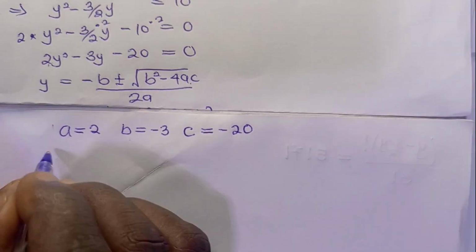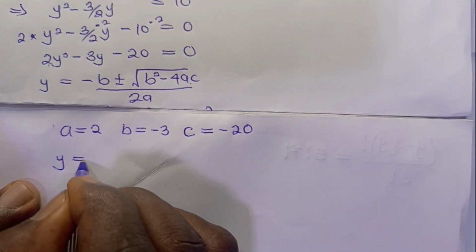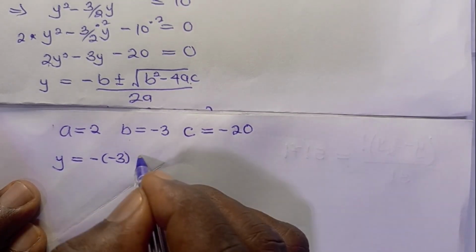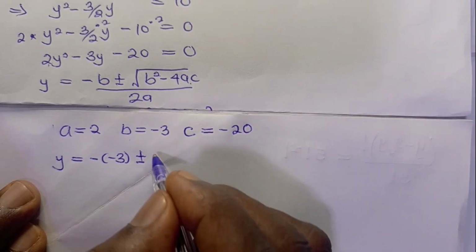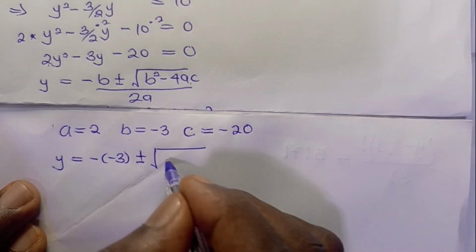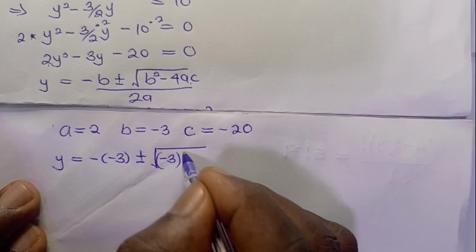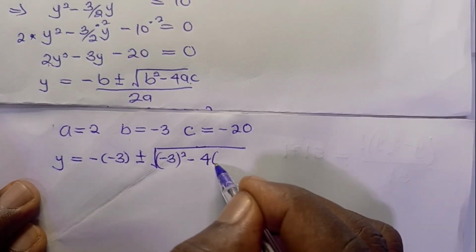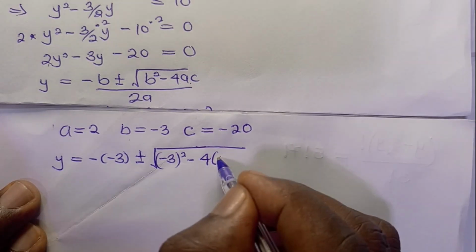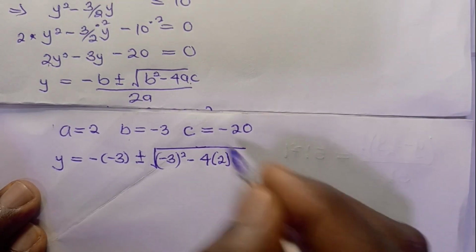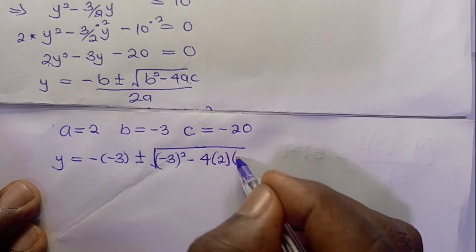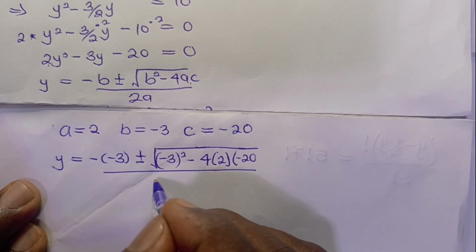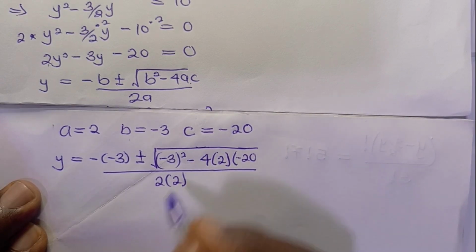So this implies y equals −(−3) plus or minus the square root of (−3)² − 4 times 2 times (−20), all divided by 2 times 2.